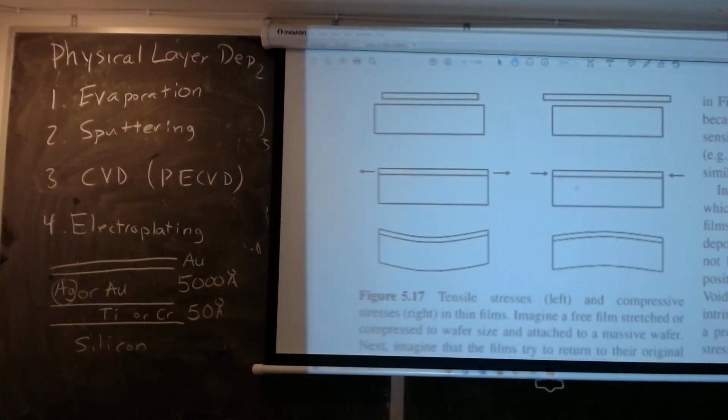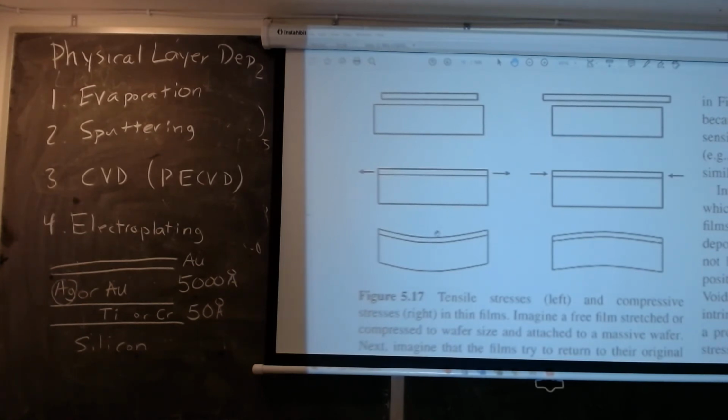Anyway, getting back to this figure here. This shows what happens when you deposit a thin film on a wafer. Now, he's got sort of an intermediate picture here. Don't think about that.